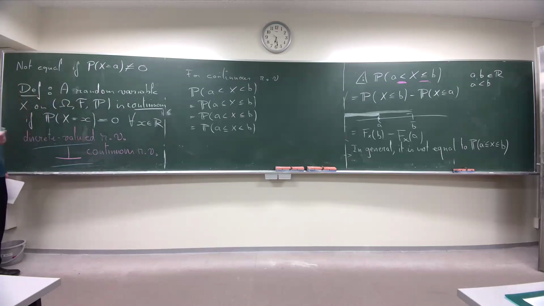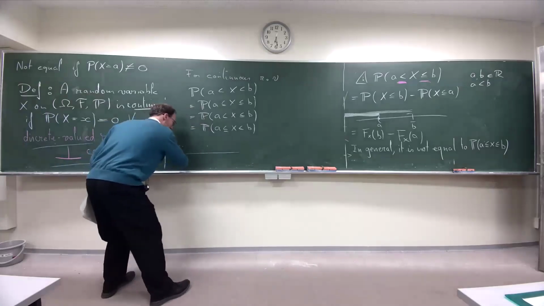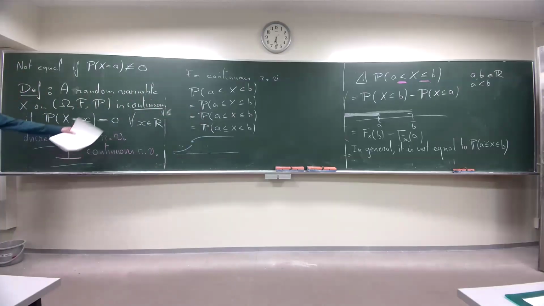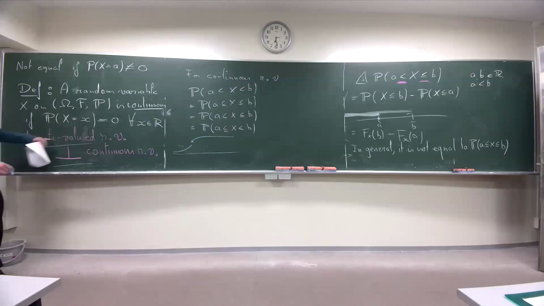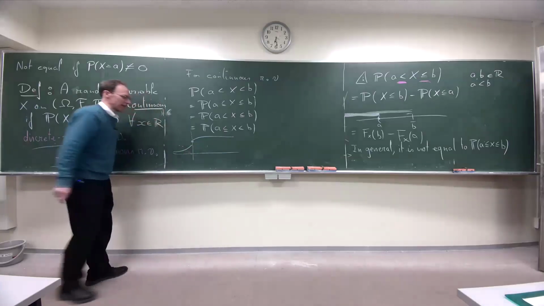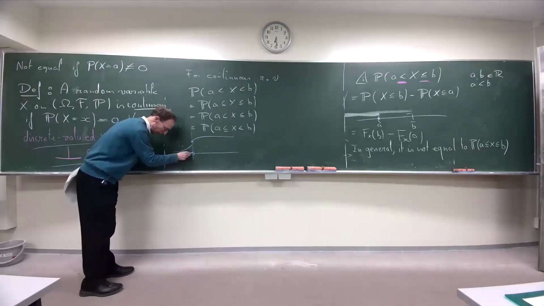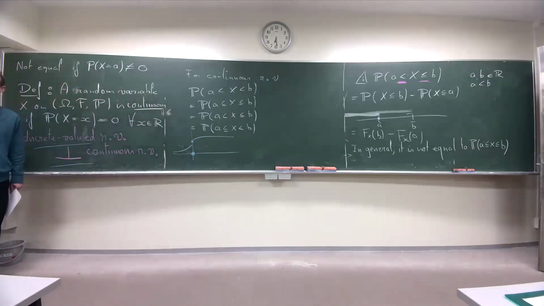In the general definition of random variable, we can have, okay, one exercise for you: construct an explicit example of a random variable, giving meaning to this picture. This is a cumulative probability function of one random variable which is neither discrete valued nor continuous. Because at this point, I'm claiming that it has a jump, so the point here is going to have a certain weight.